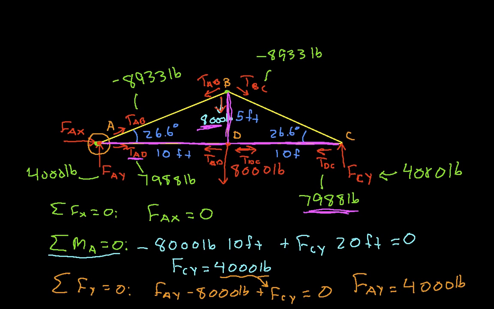Members that are under compression, let's see, use a nice dark blue. If I get a negative tension, that means that my members are pushing on the pins. So members that are under compression are this guy and this guy.